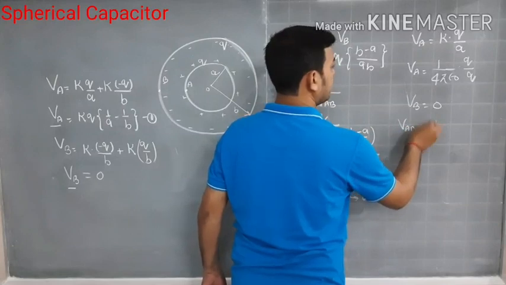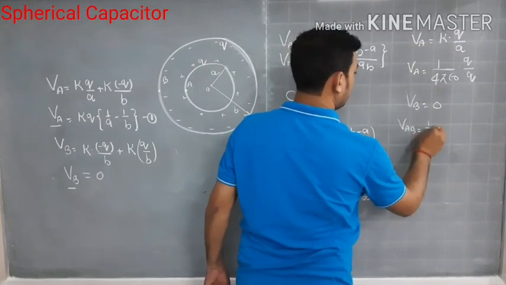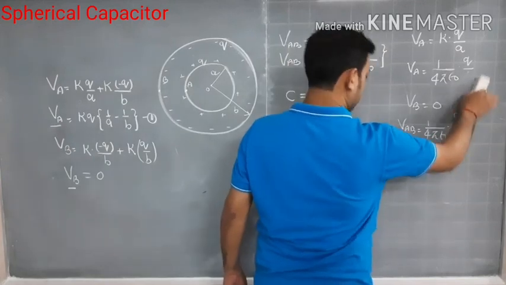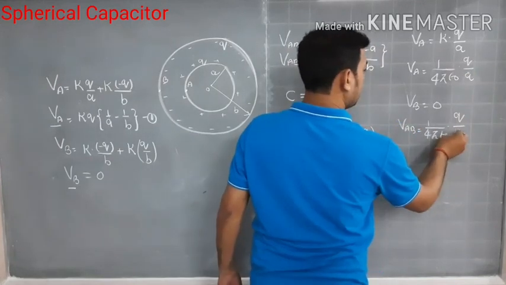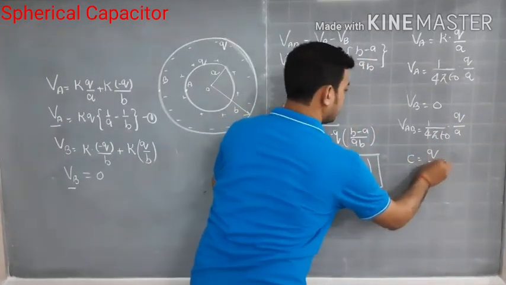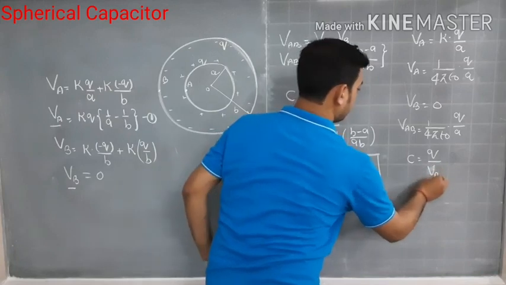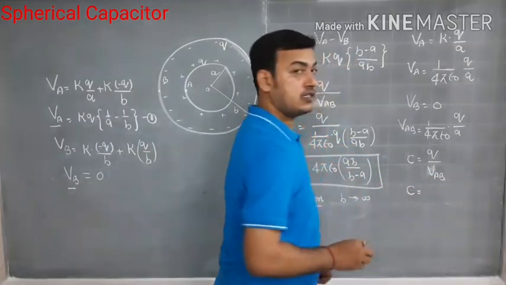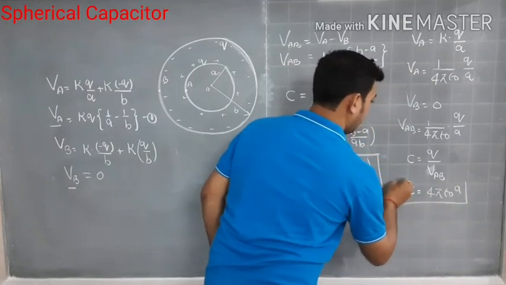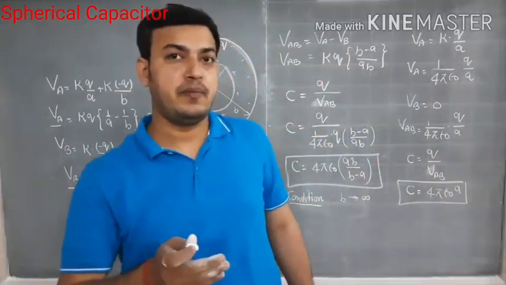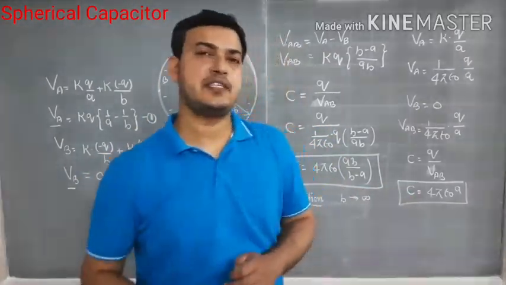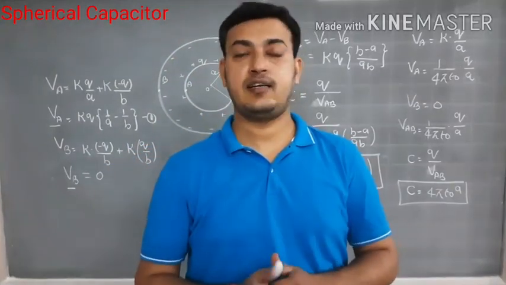So the potential difference is simply this value, 1 by 4 pi epsilon naught Q by A, and in that case, if you find out the capacitance, it comes out to be 4 pi epsilon naught A. If you remember the previous derivation, that was the capacitance of a spherical conductor.